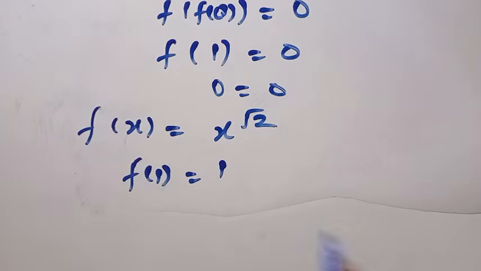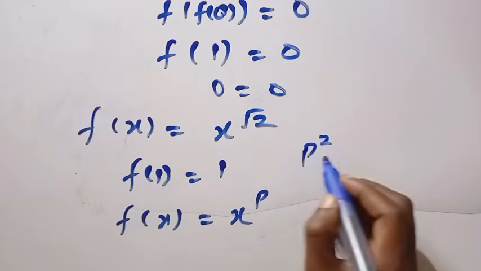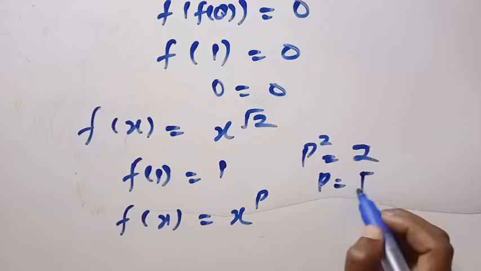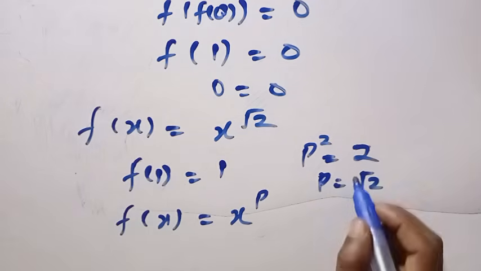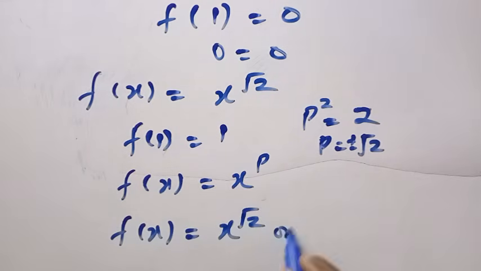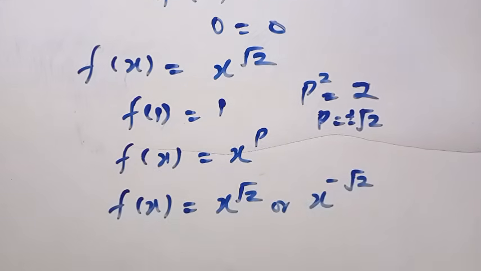And again, if I replace this with p, for instance, having f of x equal to x raised to the power of p, we should know that from here p squared will be equal to 2, because taking the square root of both sides, p becomes root 2, considering both positive and negative. So therefore f of x equals x raised to the power root 2 or x raised to the power of minus root 2. This is when x is greater than 0, so then f of 1 will be equal to 1.